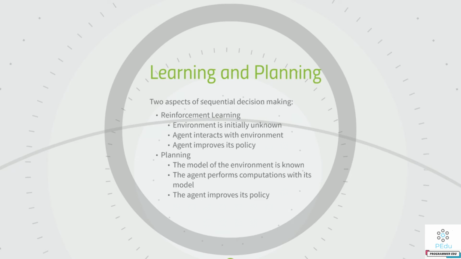So we're going to get better and better at playing the game, even though we weren't explicitly told the rules. The alternative to that is planning, where the model of the environment would be known, and this could be fully observable or partially observable. We may know the entirety of the model, we know all the rules and all the best actions. Maybe we only know some of the rules and some of the actions. Then the agent is going to perform computations with its model and use those computations to improve its policy. This is when our agent is making predictions about the future or forming beliefs about its environment so that it can choose an action that it thinks is going to maximize its reward beforehand.